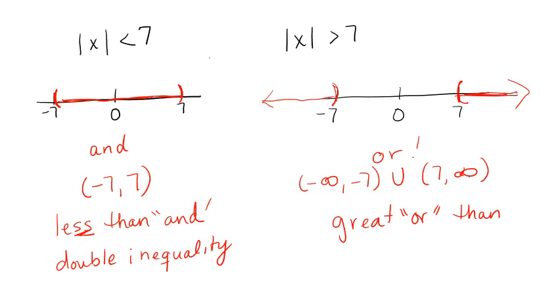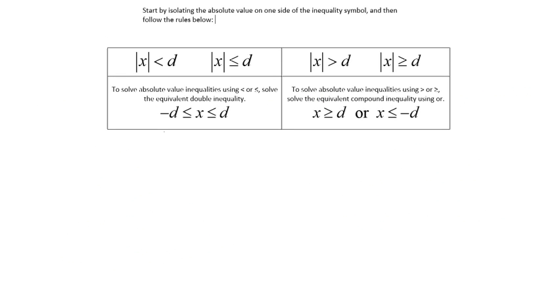So when it comes to absolute value inequalities, if you're given a less than, we're going to think double S, double inequality. For a great or than, we're going to think great or, and we're going to write it as an or. So there's those rules.